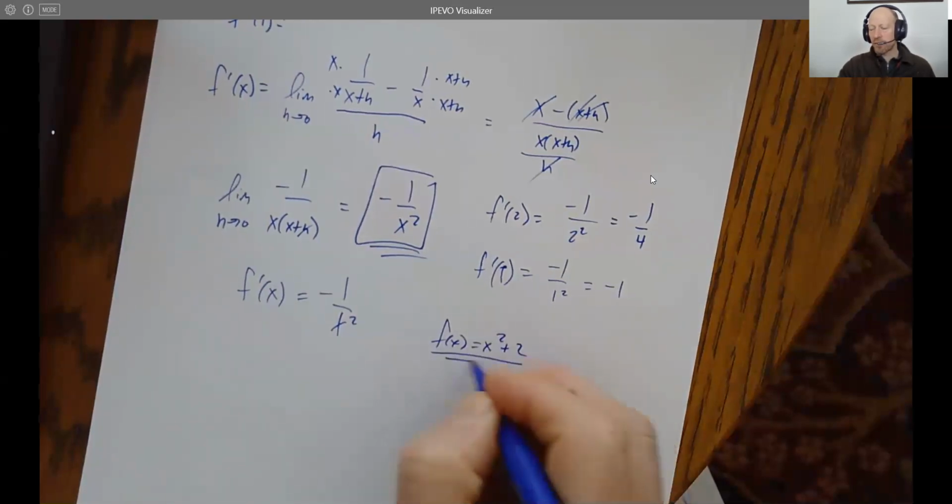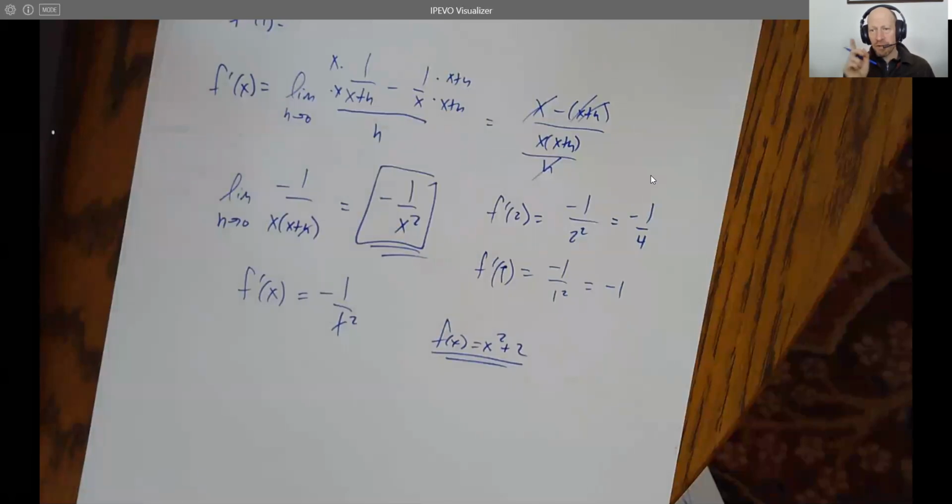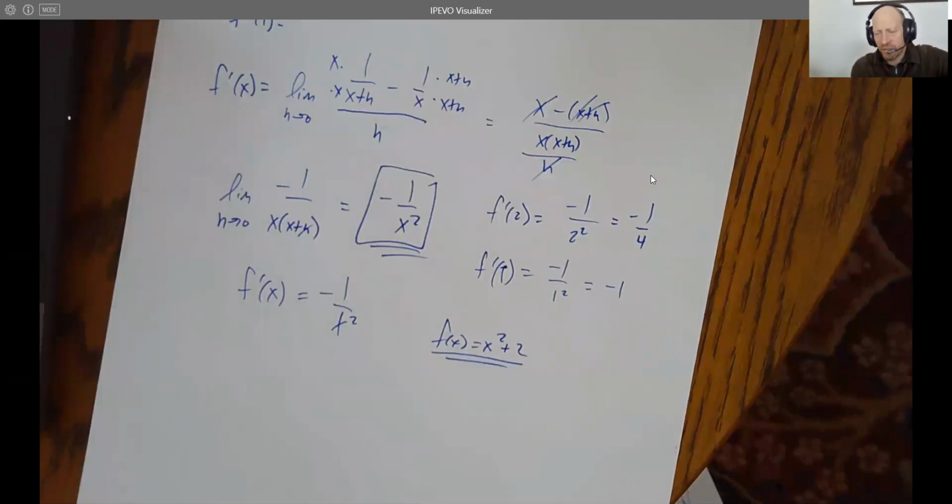Good question. Maybe I didn't define this so carefully, but we're going to call the derivative the actual function that gives me the slope of the tangent line. So the output of the derivative changes for different x values, right?